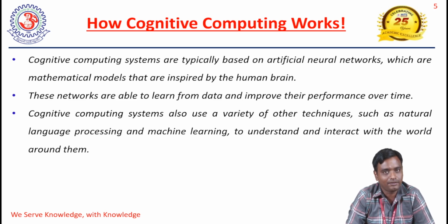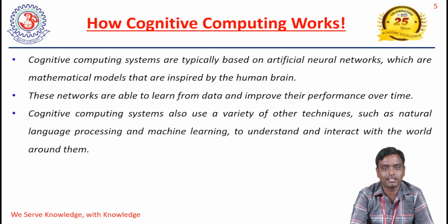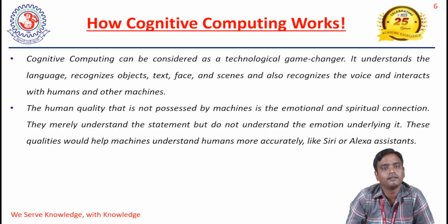In such a way, cognitive computing works in various applications and various fields, which can be extended to certain other fields also. And cognitive computing can be considered a technological game changer. It understands the language, recognizes objects, text, faces, and scenes, and also recognizes the voice and interacts with humans and other machines.